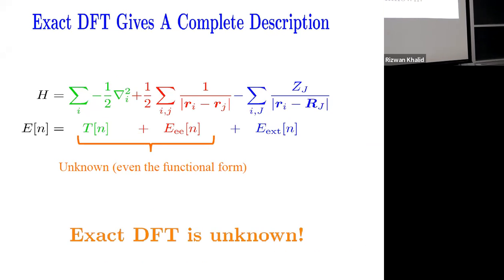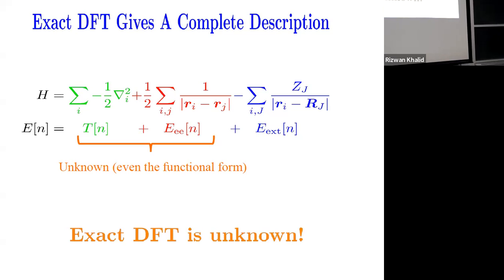We need to know how kinetic energy is a functional of density. The two theorems just prove that such a functional exists, but they do not provide any form for the kinetic energy and any form for electron-electron repulsion energy. So we do not know these forms.